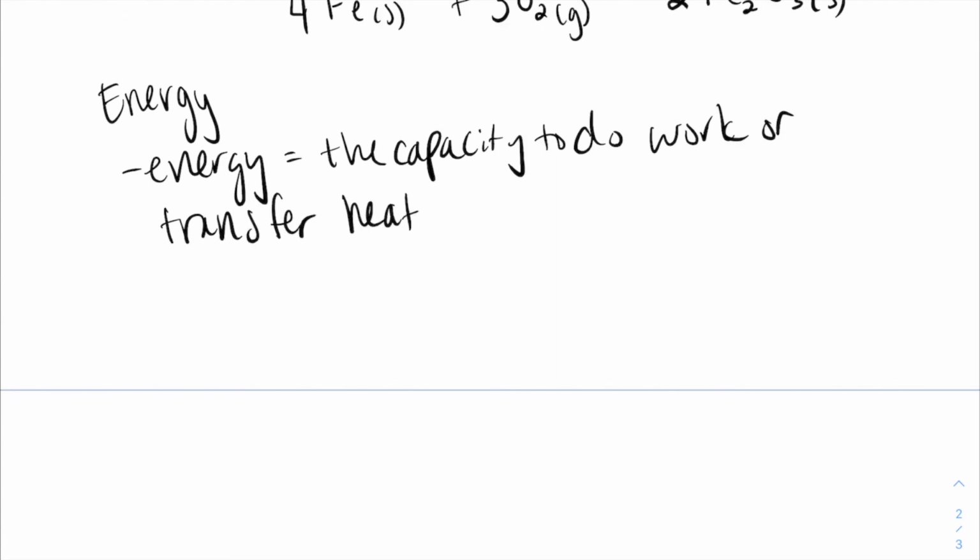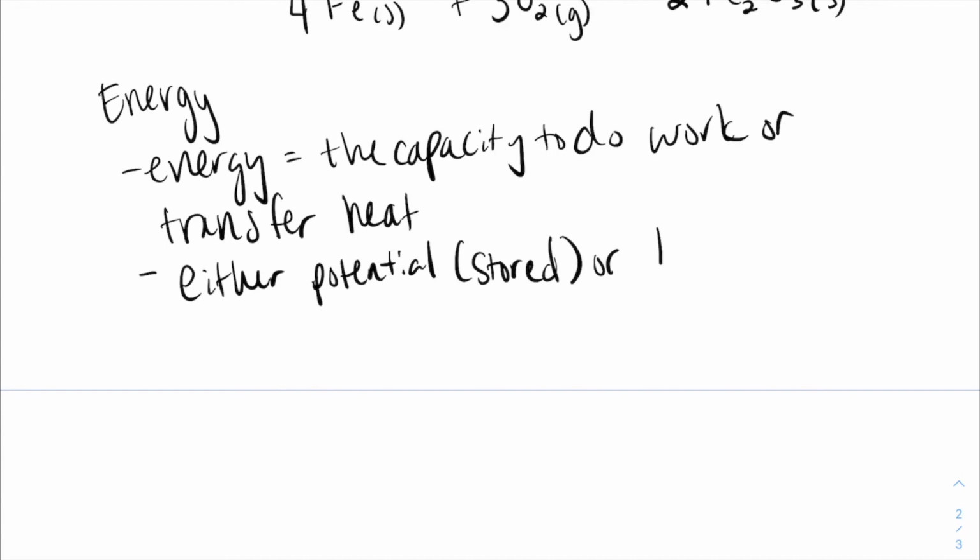So when we have energy, either work energy or heat energy, and then energy can either be potential, which is stored energy, or kinetic, which is movement energy in nature.